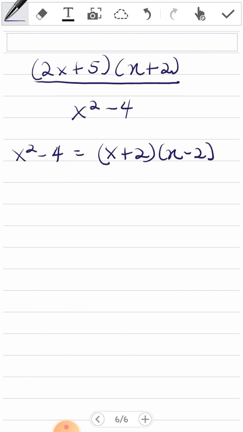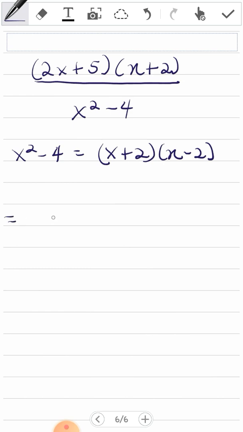So you won't really go and do something weird. This is just difference of two squares, which I taught you in the previous class. So that means our denominator will be x plus 2, then x minus 2.